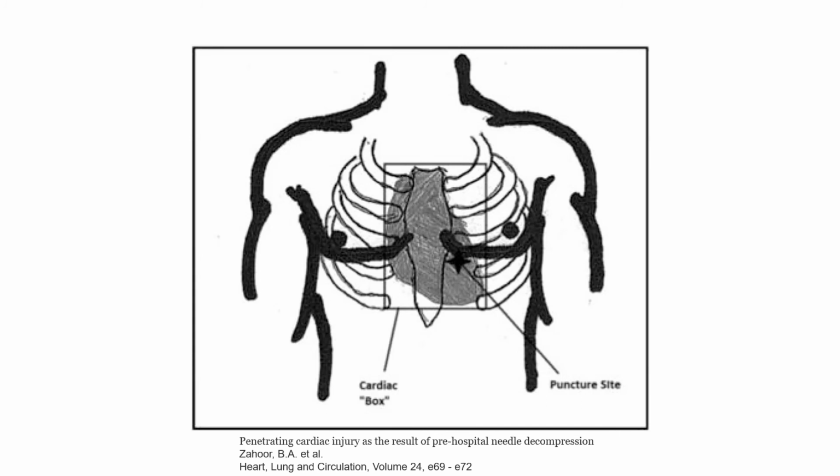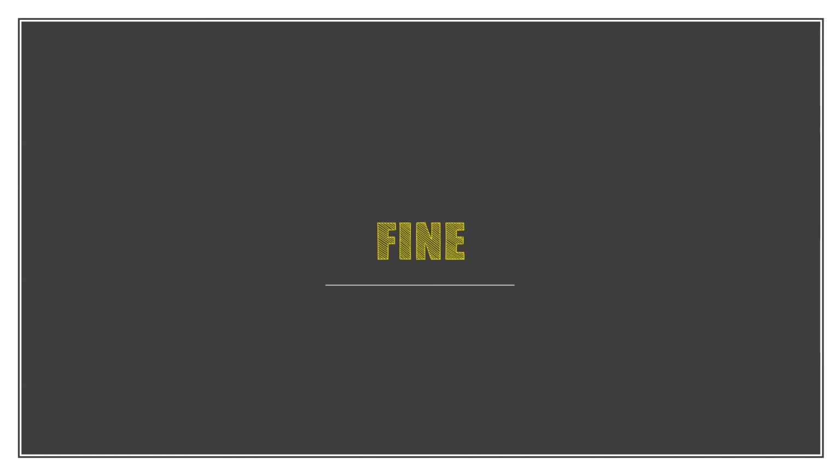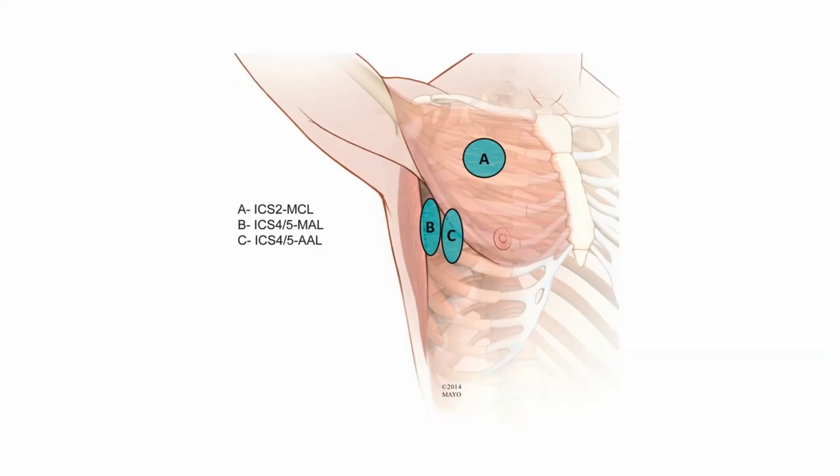Now, if you're saying I'm very skilled at finding the second intercostal space, I go perfectly perpendicular to the skin at a 90-degree angle, and I'm very confident, and I've followed up on every single patient that I've stuck a needle in the chest on at the second intercostal space, and it has not caused any damage, then that is hard to argue with. However, I personally prefer the anterior axillary line depicted in this image as C.